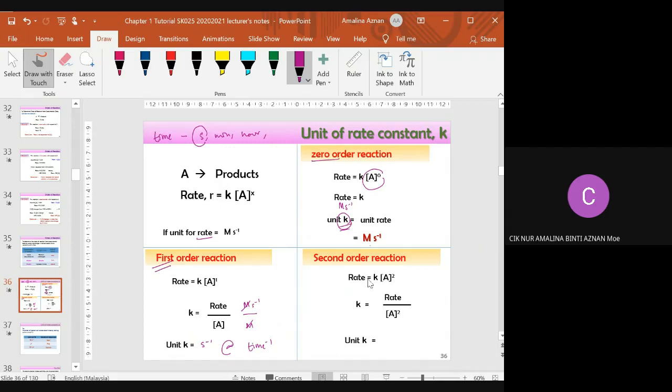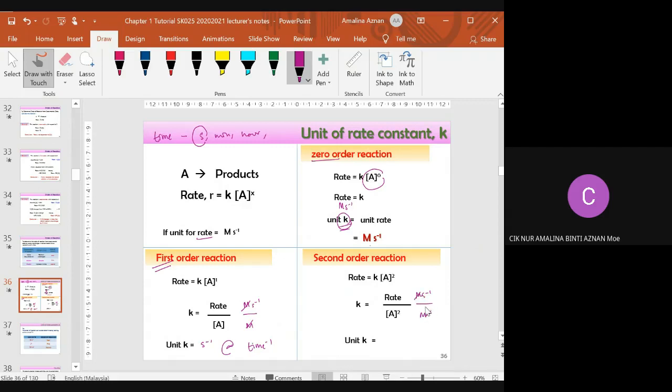Alright, so kalau rate molar per second divided by molarity to the power of 2. So kalau concentration, unit untuk rate constant kamu, okay, bila kamu solve, kamu akan dapat this unit which is per molar. Okay, so ini kita cancel off.